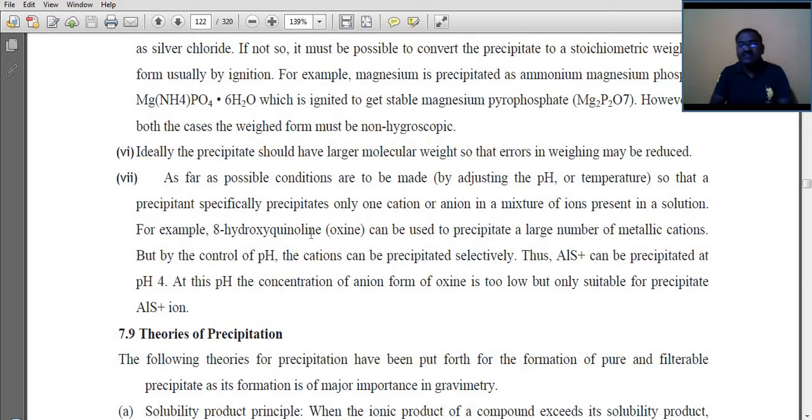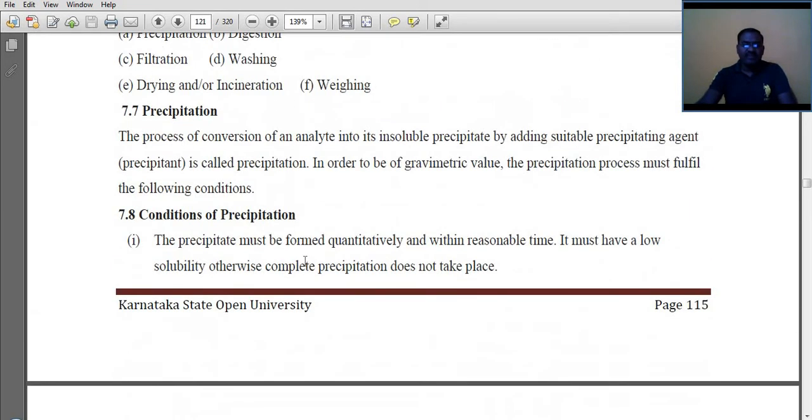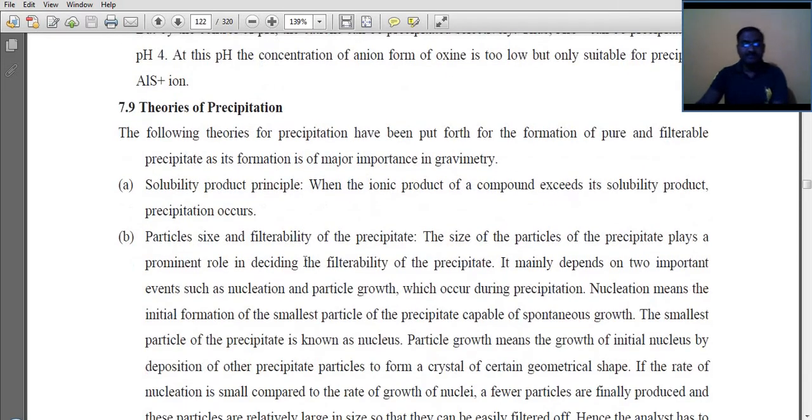Ideally the precipitate should have a larger molecular weight so that errors in weighing may be reduced. As far as possible, conditions are to be made so that a precipitate specifically precipitates only one cation or anion in a mixture of ions present in the solution. These are the conditions for precipitation.